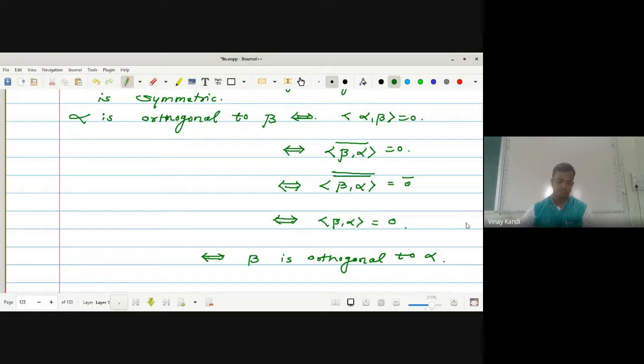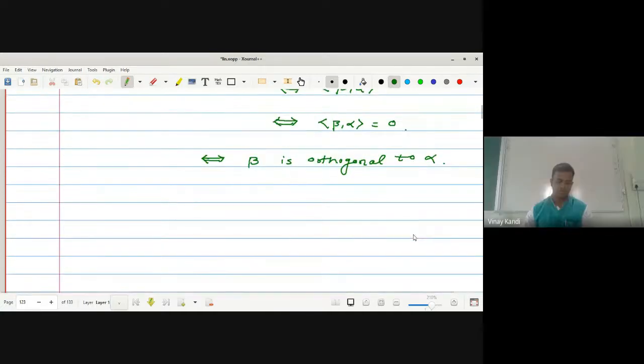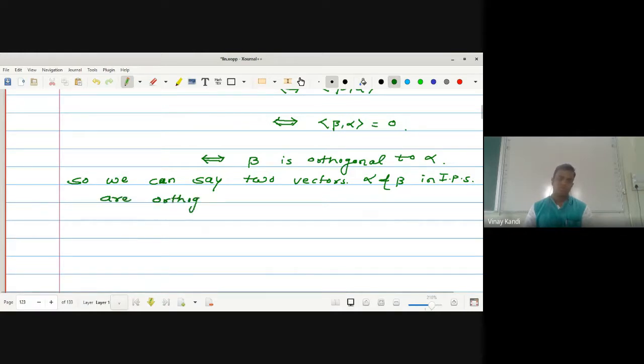Any doubt? No, sir. So we can say that two vectors alpha and beta in an inner product space are orthogonal if the inner product of those two vectors is equal to 0.